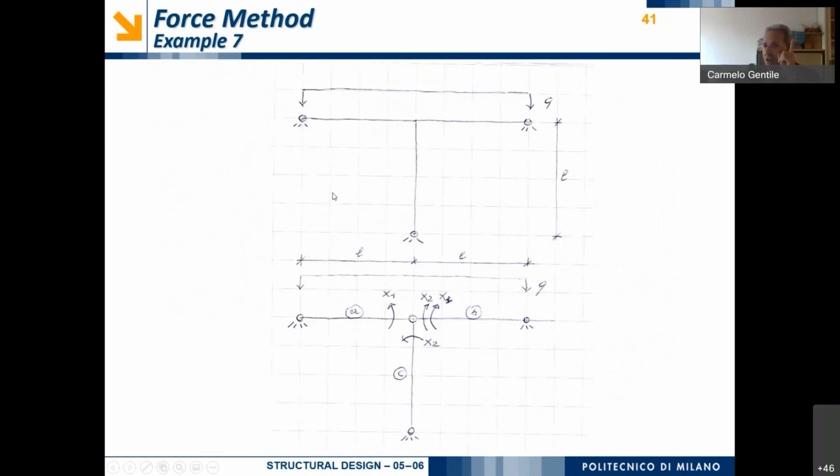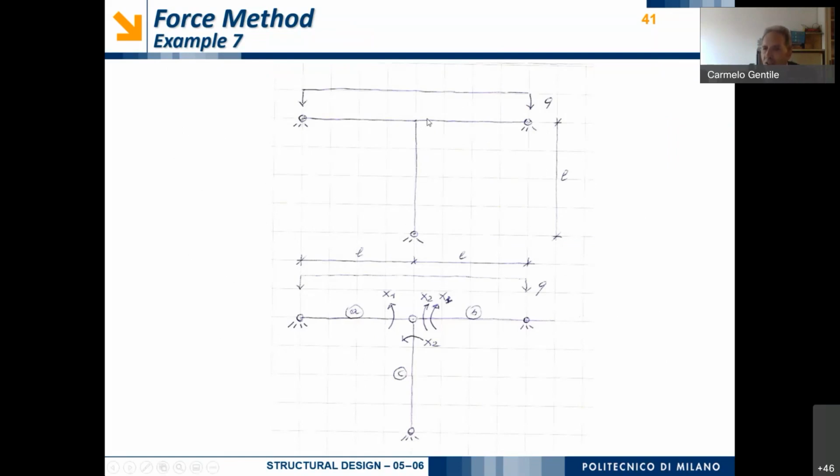Before showing you some limitations in the application of the force method, I would like to remind you of the last exercise Dr. Ruccolo has shown to you. Because in this case, we have a frame structure, and it is very interesting to observe that in order to obtain a general application of the force method, it is necessary to apply an internal hinge corresponding to this point. But when we apply an internal hinge that is connecting three beams, what are we doing indeed?